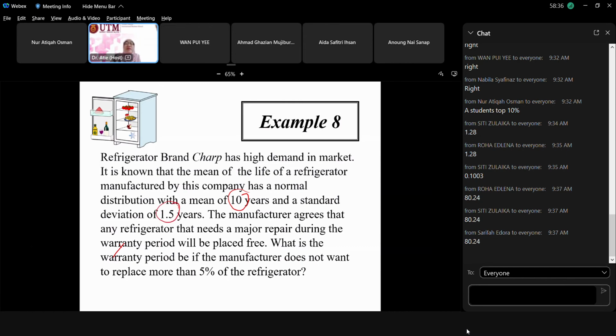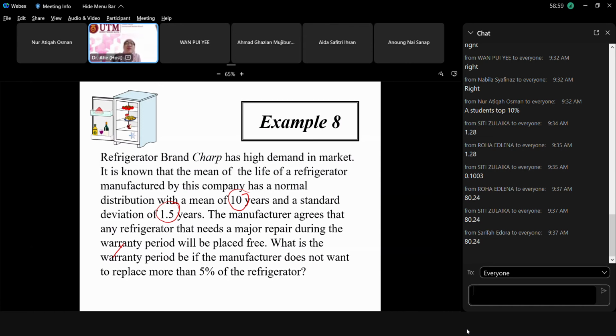The manufacturer agrees that any refrigerator that needs a major repair during the warranty period will be replaced free. A, what is the warranty period? B, if the manufacturer does not want to replace more than 5% of the refrigerators.